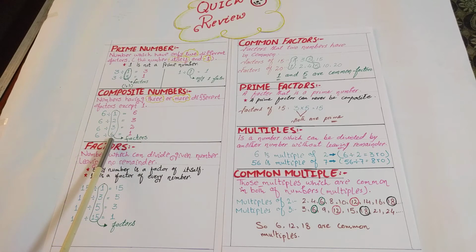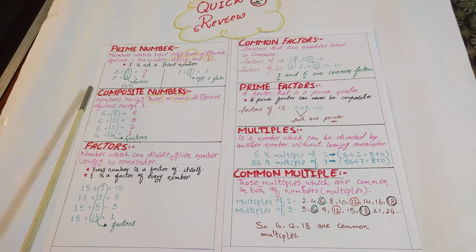The number itself divides without leaving any remainder. So 1, 2, 3, 6 are the 4 different factors of 6. So 6 is a composite number.